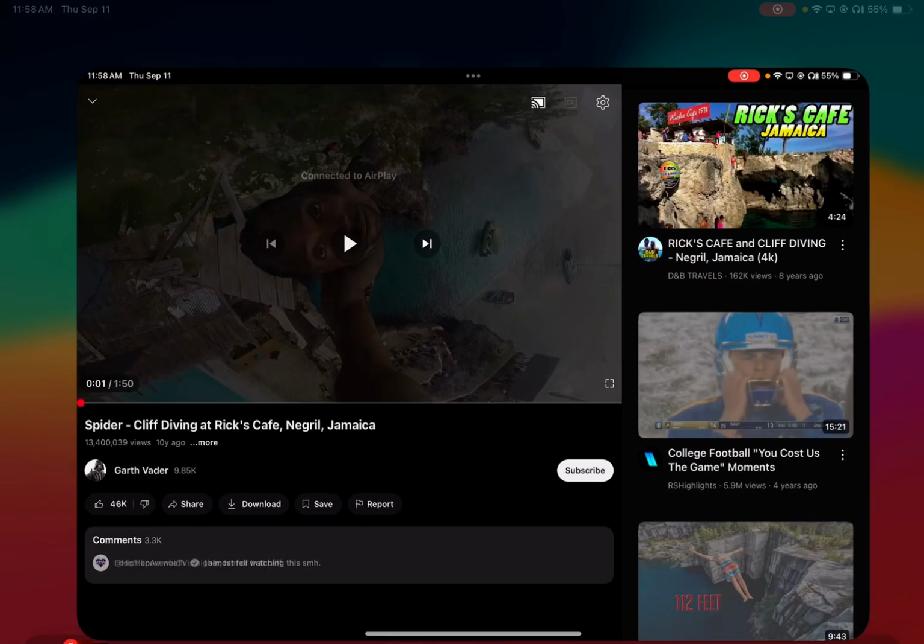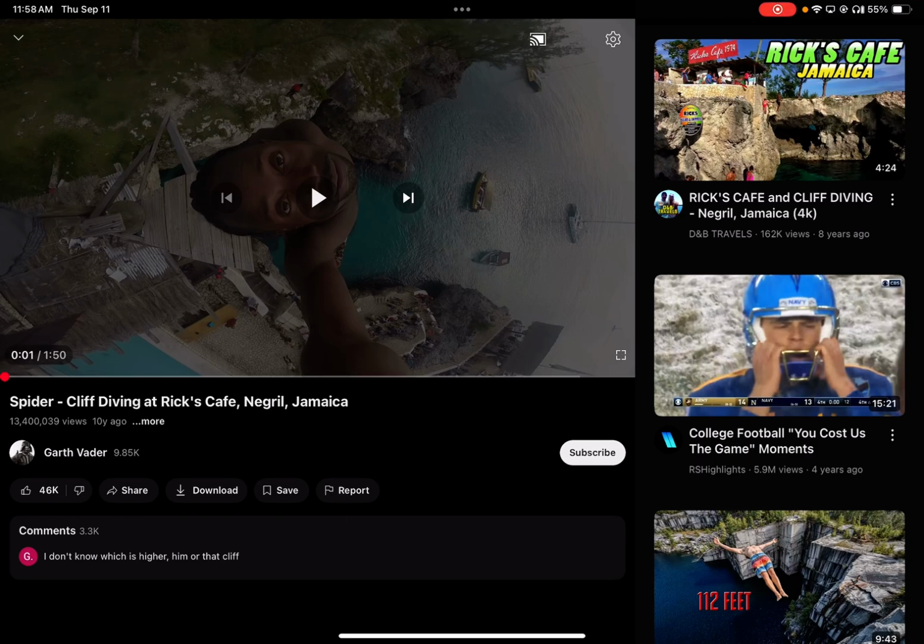This guy, his name is Spider. Spider is a local Jamaican cliff jumper. Hey, these guys free climb, means no harnesses, no ropes, up these cliffs. And then at Rick's, they have this extra pedestal that's even higher up. So this is in 2014, a year before we were there.